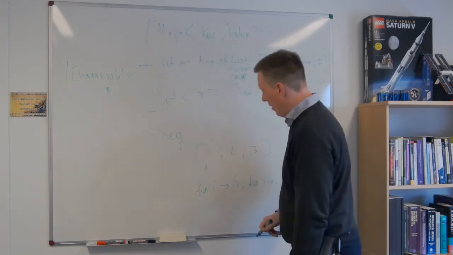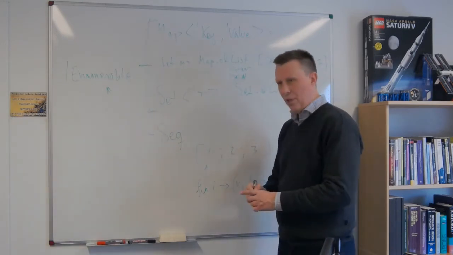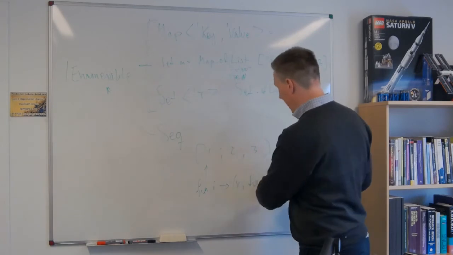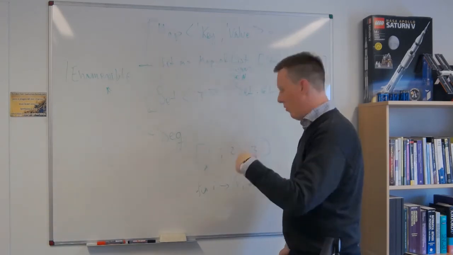Which means that every time you access an element, it will call a function to produce the value of that element, and again, in principle, a new function to the next element, to the next element, to the next element.